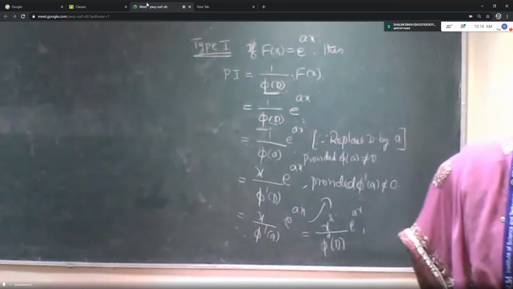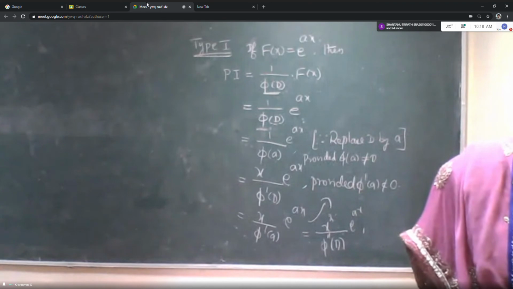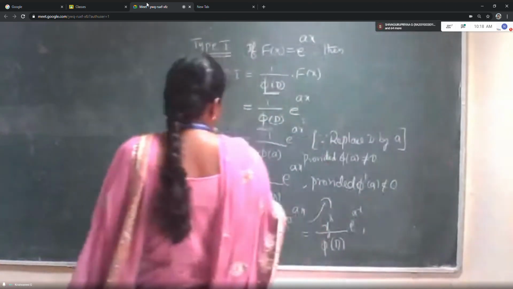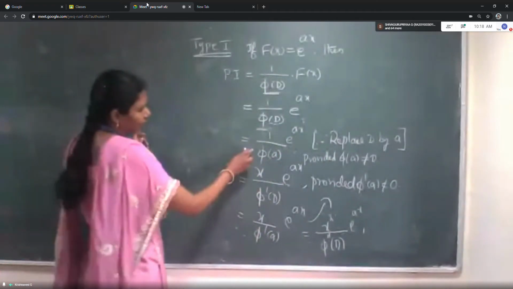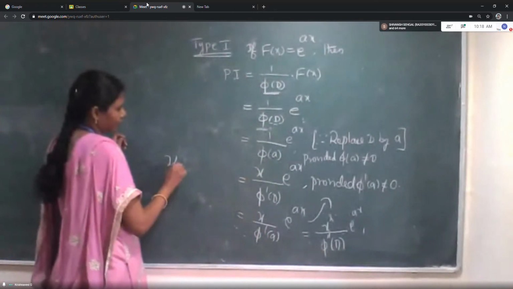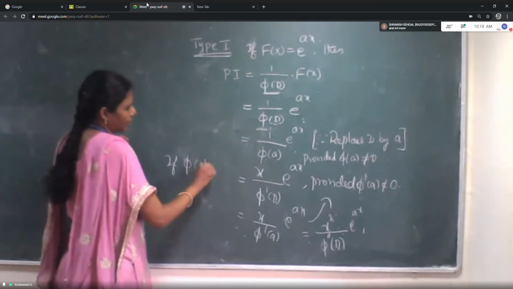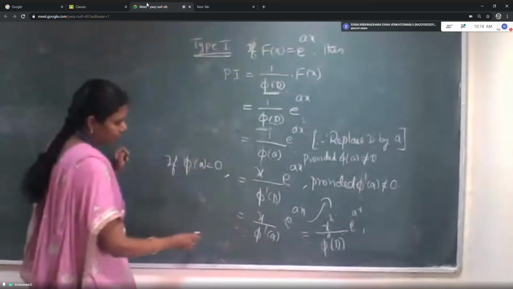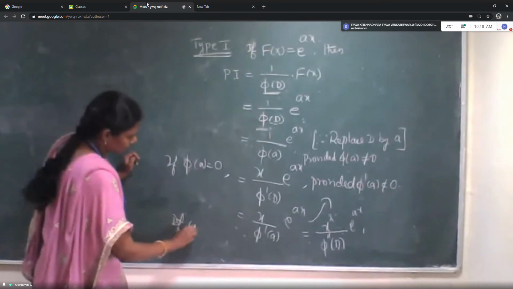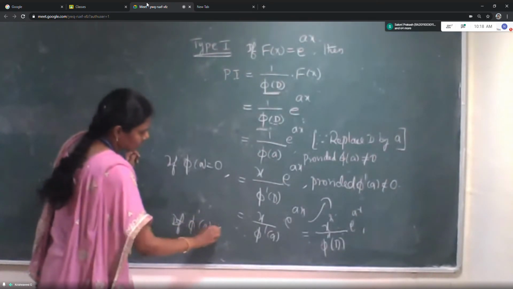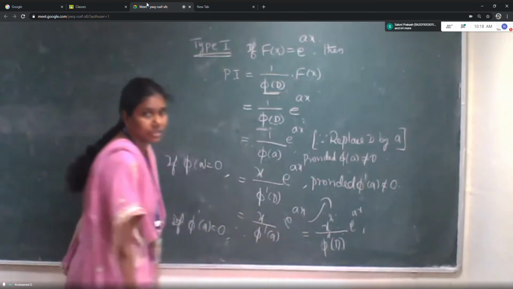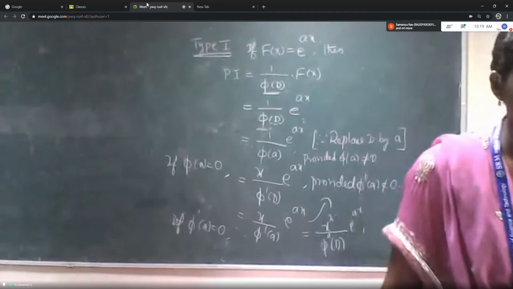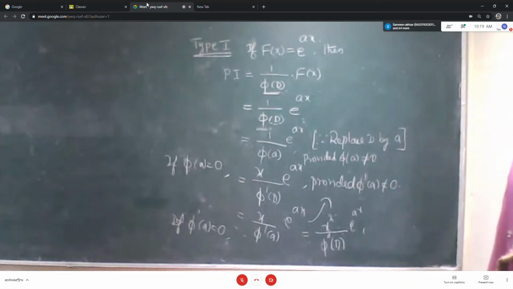Guys, any doubt? In case phi of a equals 0, we have to continue this. If phi dash of a equals 0, we have to differentiate again. When we solve the problems, you can easily understand. This is a very, very simple concept.